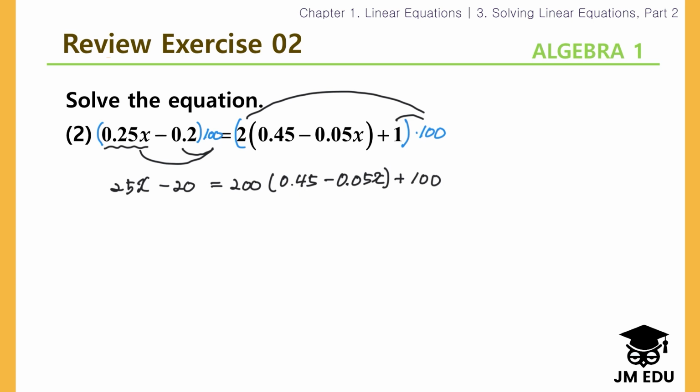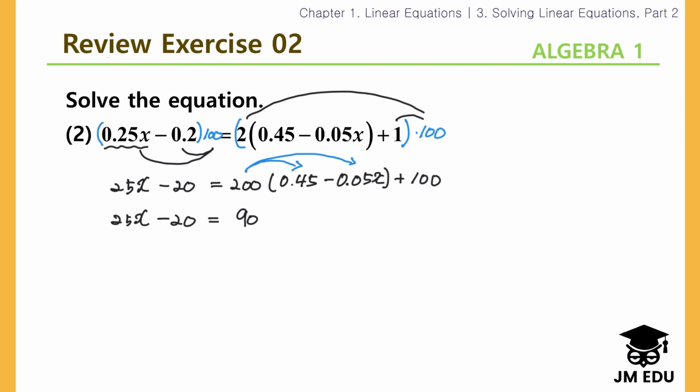Right? So let's simplify this. We have 25x minus 20 on the left-hand side. Right-hand side, 200 times 0.45. That is equal to 2 times 45, which is equal to 90, right? And 200 times 0.05x, that's 2 times 5, right?